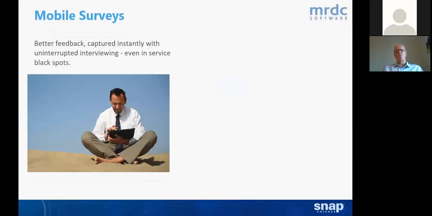The way that Snap works, if you're using it for CAPI, is that if you've got an internet connection, it will automatically upload a record or respondent data at the end of the interview. Whereas if there is a poor connection or no connection, it will store it until you do have a connection later on.